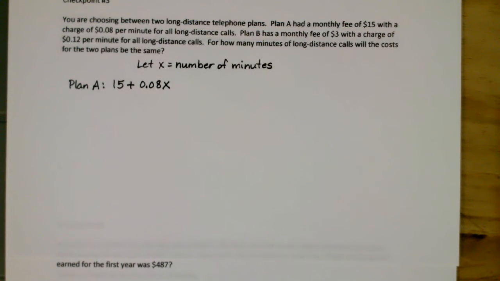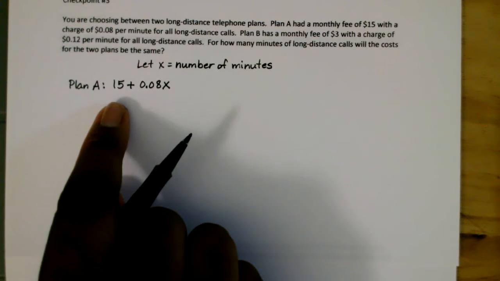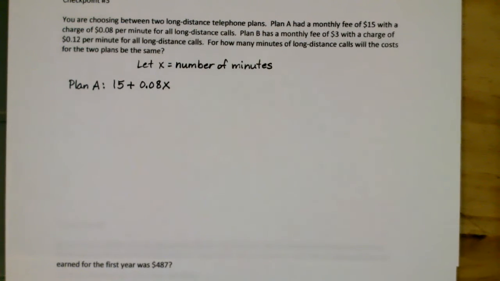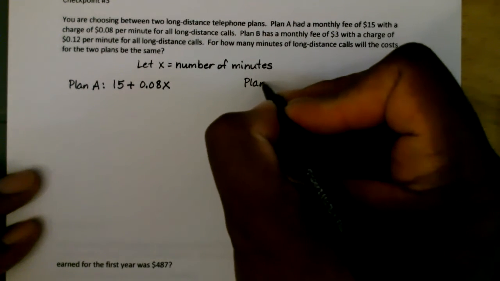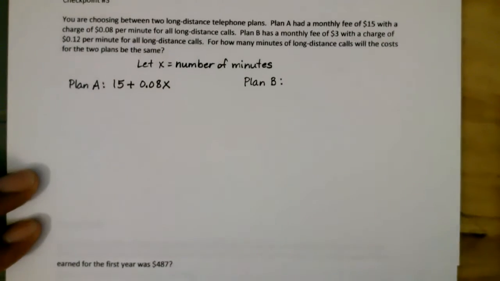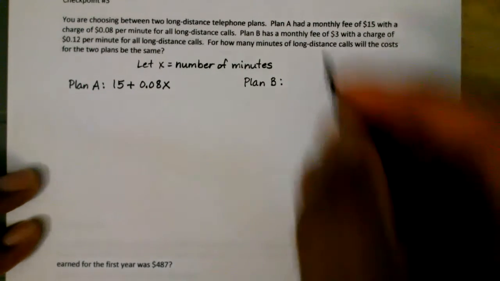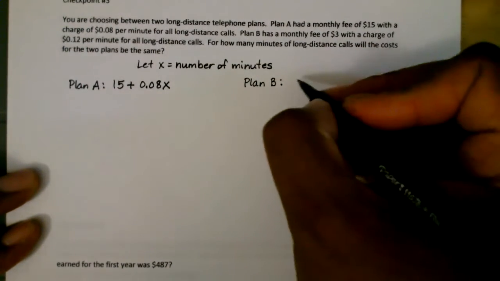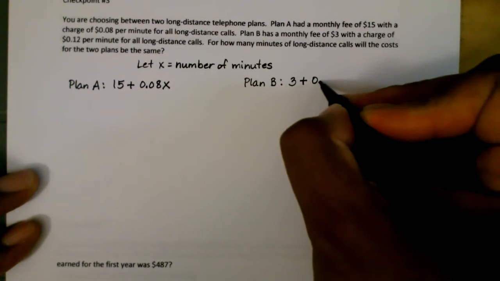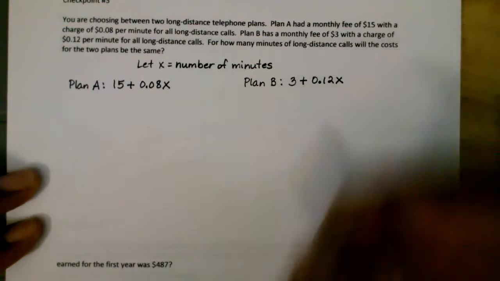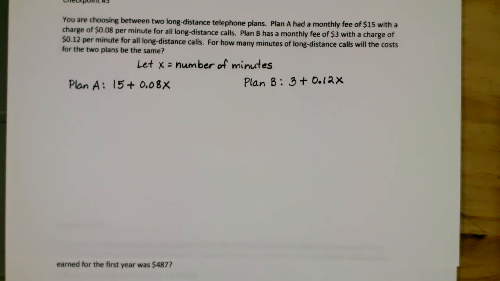That would be the algebraic expression for plan A. $15, a $15 monthly fee, plus a charge of 8 cents per minute, 0.08x. Now for plan B. Has a monthly fee of $3 with a charge of 12 cents per minute. In this case here, a $3 charge is 3 plus a charge of 12 cents per minute, 0.12 times x. And again, x is the number of minutes.